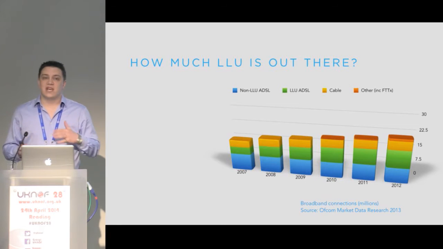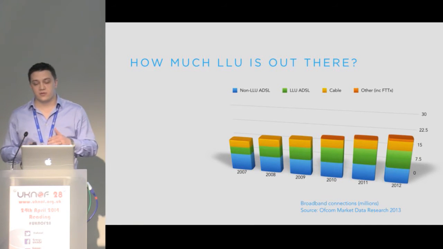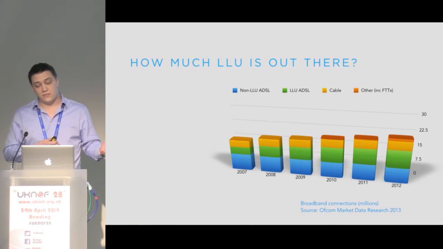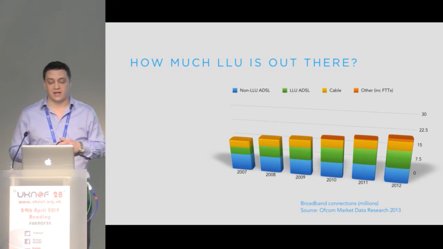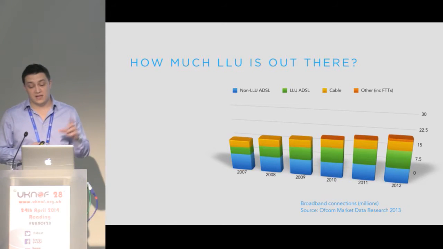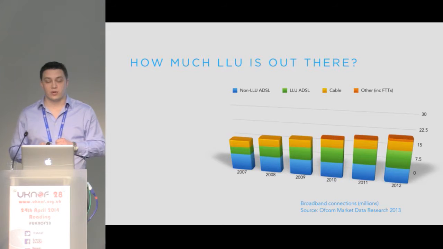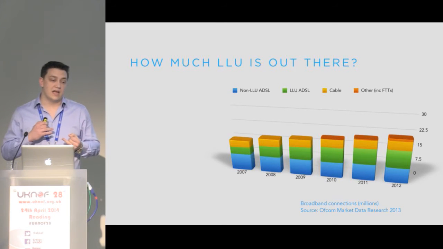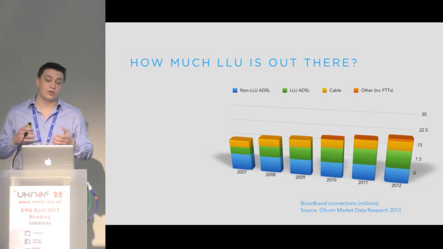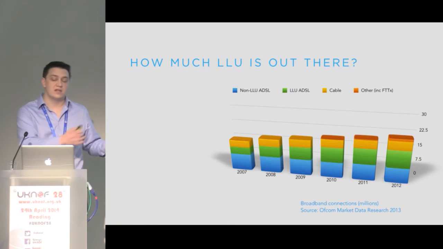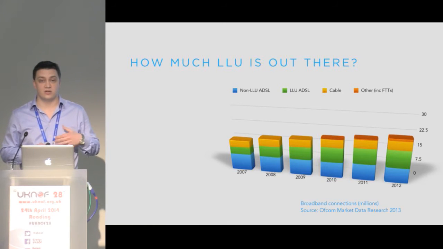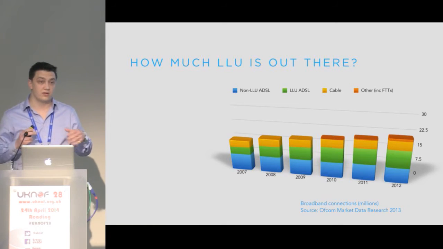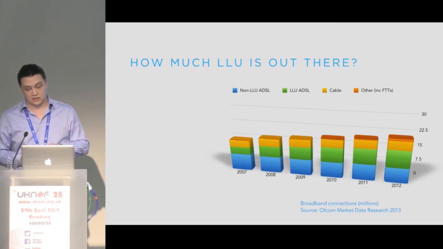That changes things a little bit because there are some people doing LLU to access that, and I'll explain a bit about how that works in a minute. But yeah, it's a big chunk of what the broadband scene is. If you use guys like Sky, if you use guys like TalkTalk, or if your provider uses one of these other networks, the likelihood is you're going through an LLU infrastructure rather than the traditional BT infrastructure.